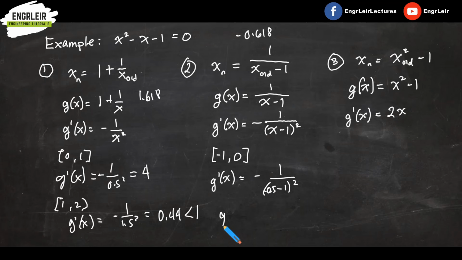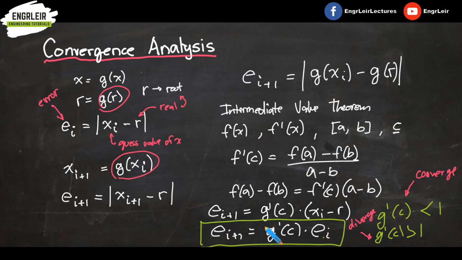So again, g prime of x is negative 0.44, and by the way, naka-absolute value nga pala, baka makalimutan. This should be naka-absolute value, dahil may absolute value to. Okay? Absolute values.